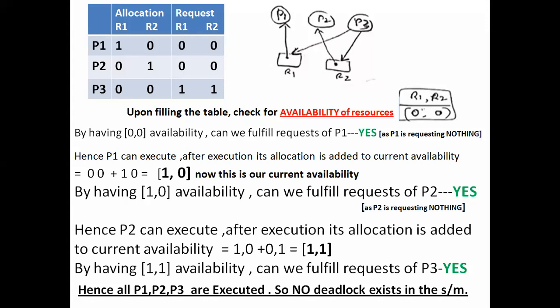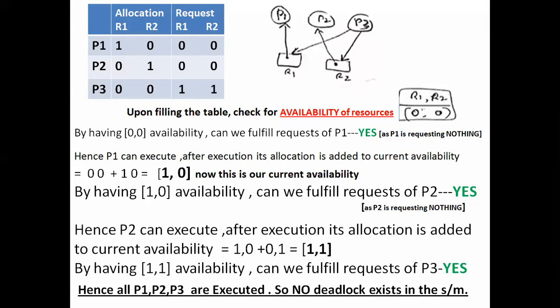But for a larger system where you can find numerous processes and many resources, let's say single instance, double instance, multiple instance, it becomes much more difficult for us to look at the graph and tell whether the deadlock is existing or not.